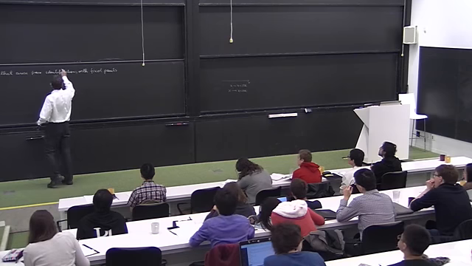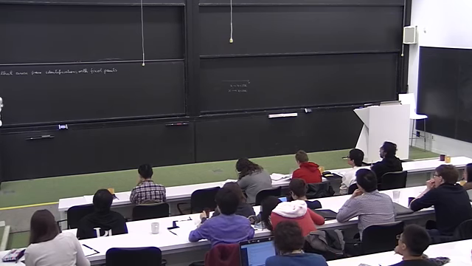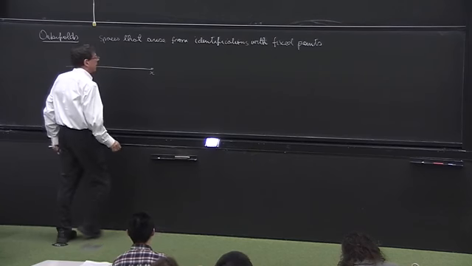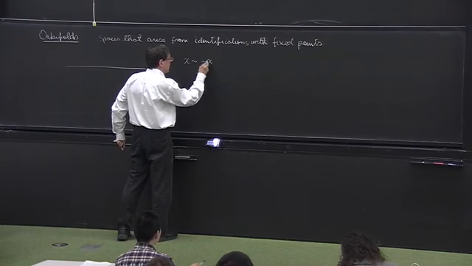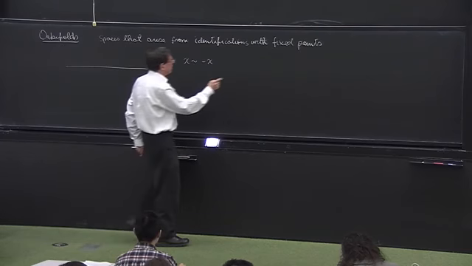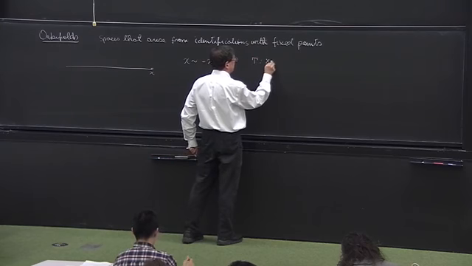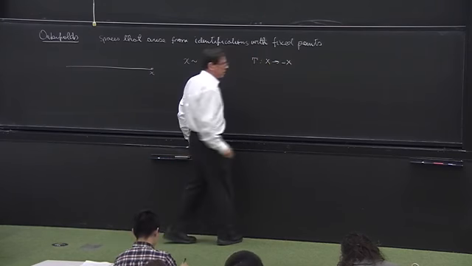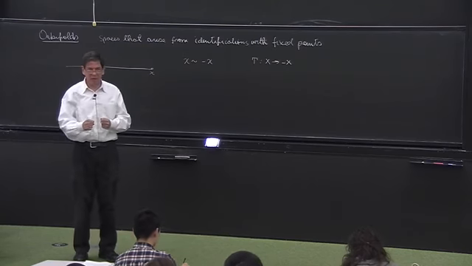So in this case, let's consider an identification of the real line, again, and let's identify x with minus x. Very simple identification. You could think of it as a transformation, t, that takes x to minus x, and you're supposed to identify points after you act on them with the transformation.